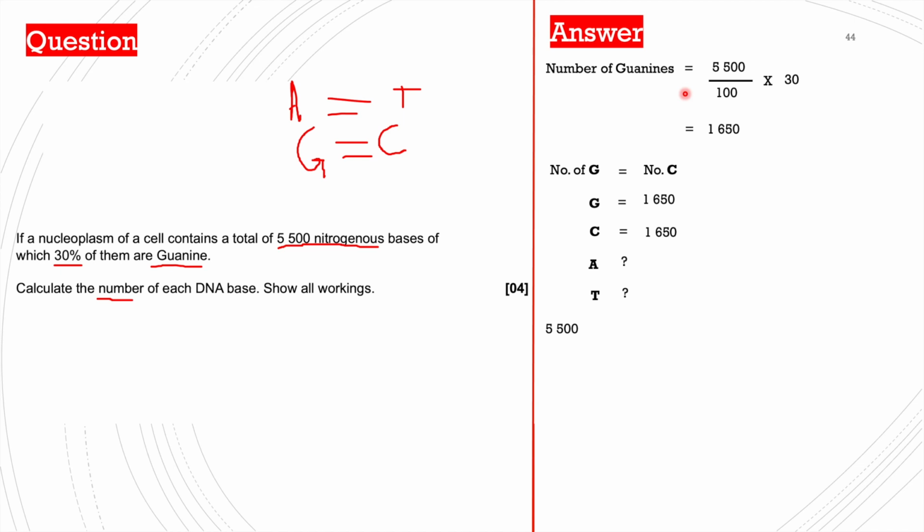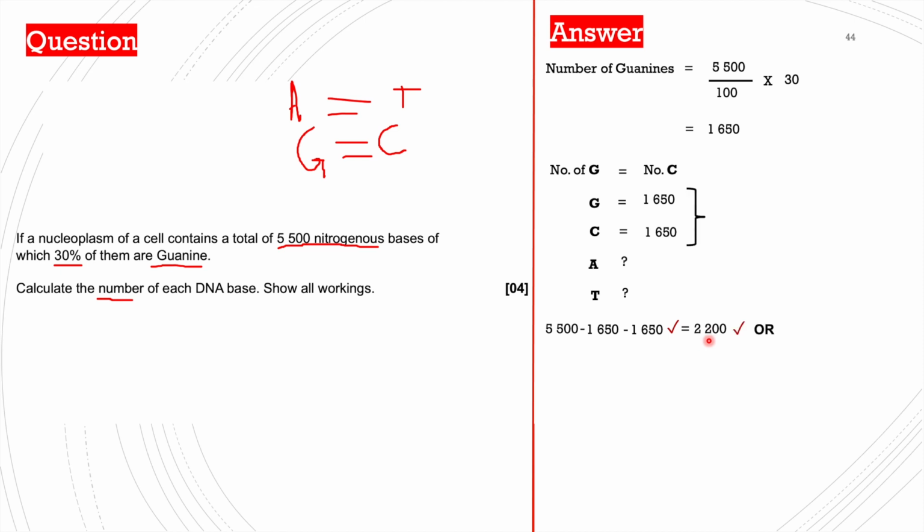So 5,500 minus the number of guanines 1,650 and minus the number of cytosines 1,650. That is where our first mark is, equals 2,200. Okay, so the nitrogenous bases that are left equal 2,200.